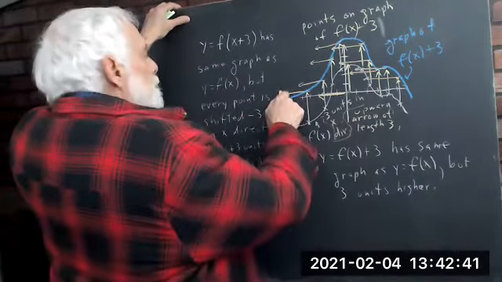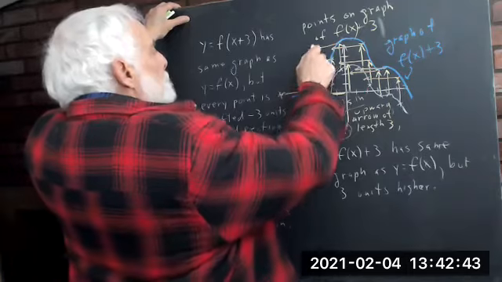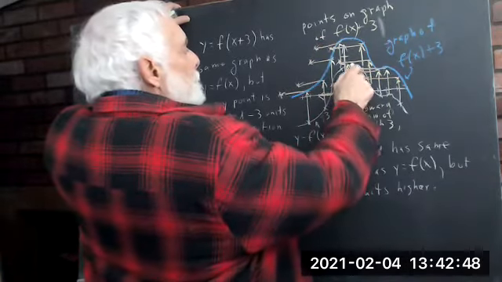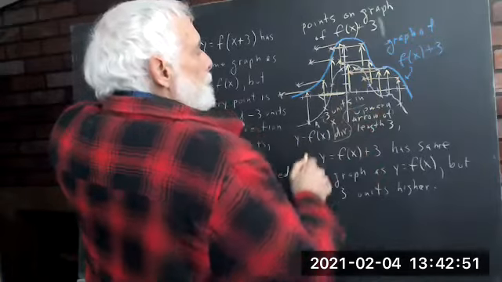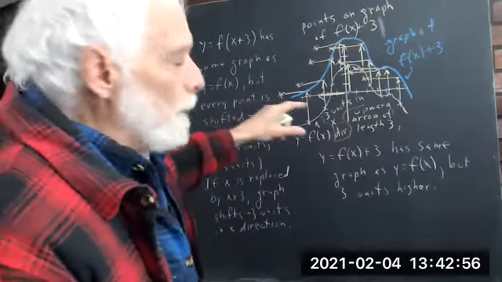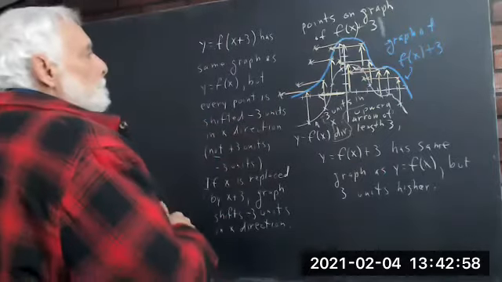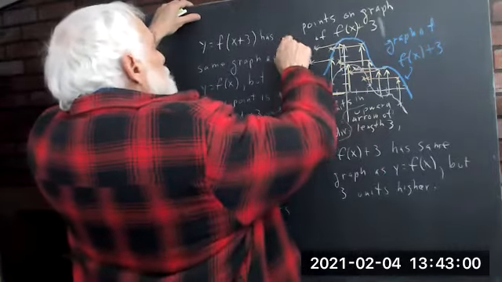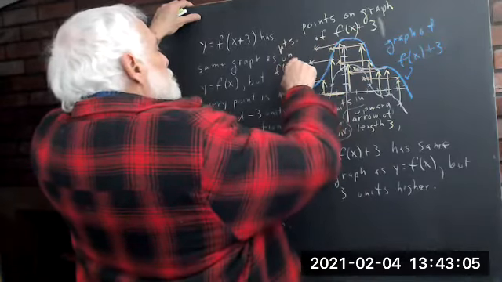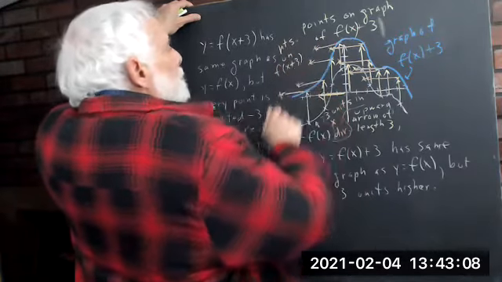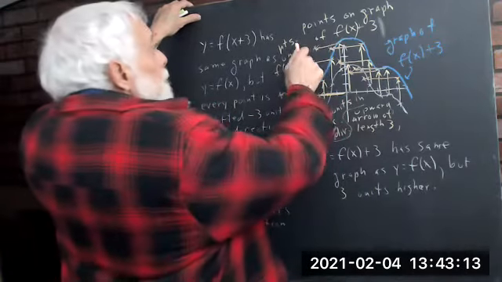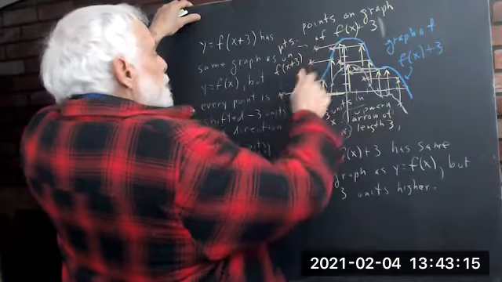Okay, now we have points on the graph of f of x plus 3. It's easy to get the plus and the minus mixed up, so you've got to be careful. Okay, so here, here, and so forth.